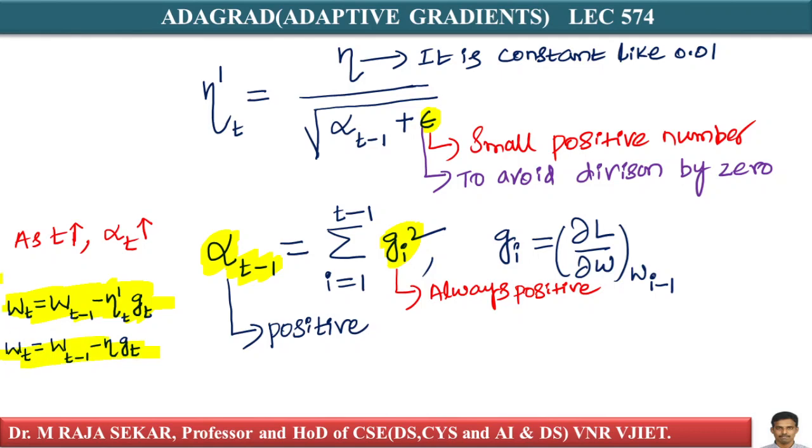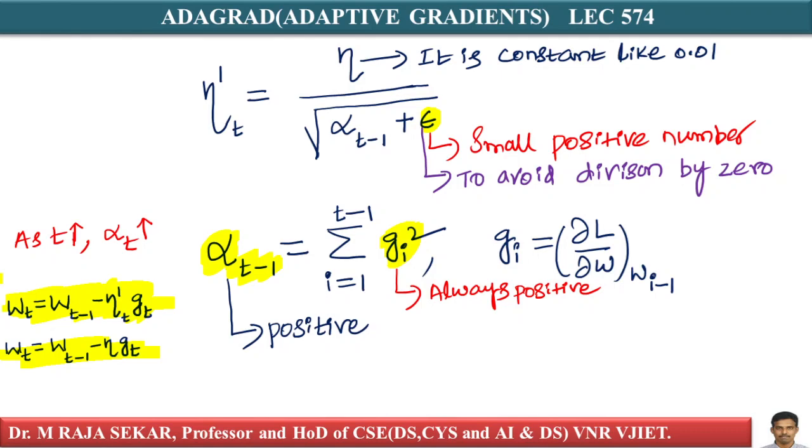This is the update equation of SGD, isn't it? The Adagrad update equation looks very similar to the SGD update equation, except that my learning rate eta dash t is different for each weight and changes with each iteration, isn't it?